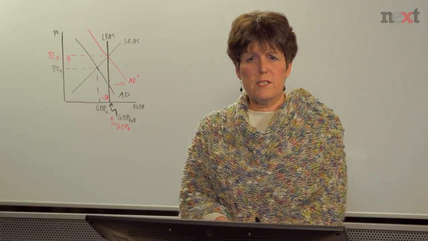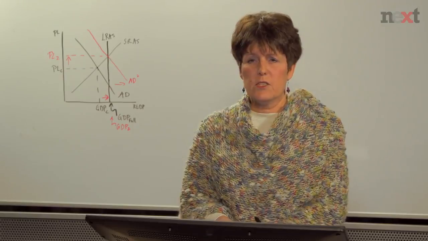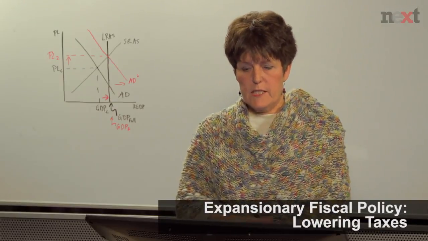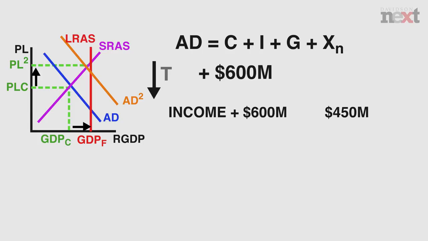Now, instead of spending $600 million on jets, let's assume that the government tries to increase aggregate demand by decreasing taxes the same amount. People now have incomes of $600 million that they didn't have before, and they're going to spend 75%, or $450 million.